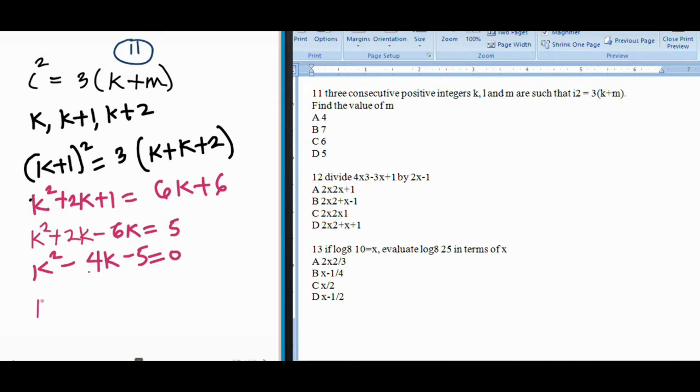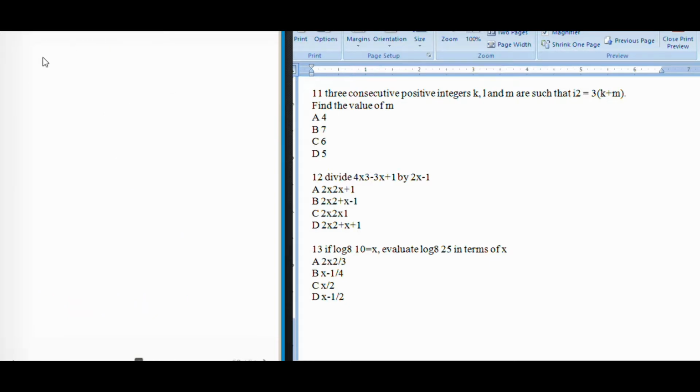That is K square plus K minus 5K minus 5 equal to 0. Then K is common, you have K plus 1. Then minus 5 into K plus 1 equals 0. Again, K minus 5 into K plus 1 is equal to 0. Then our K will be equal to 5 or minus 1.